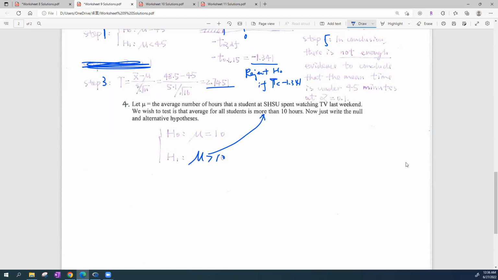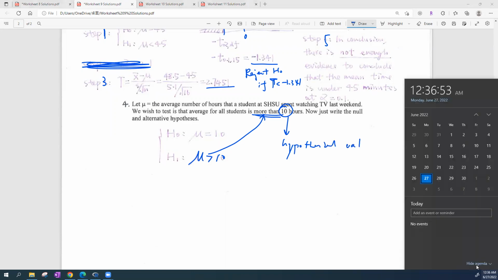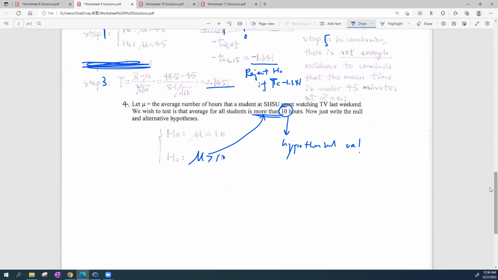So this sign comes from here, and this 10 is called the hypothesized value. And the 10 never changes. So after you write down the 10, it's going to go here as well. And it's for the population mean, right? And null always includes an equal sign. So we can easily specify the null and the alternative hypothesis.